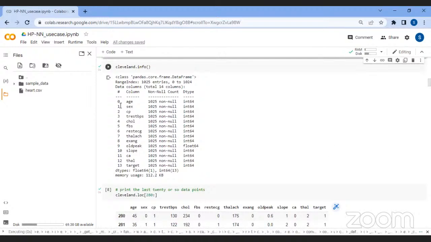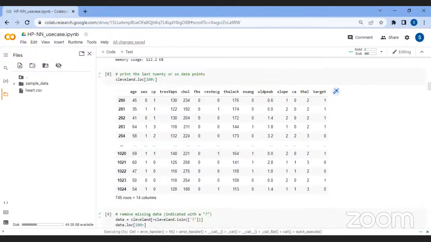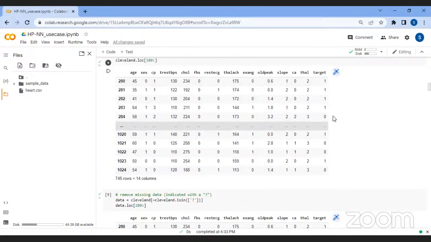We have seen the different data types in our data. We have taken some sample data to check what it is, taking records from 280 to the end. Here we can see the data set.